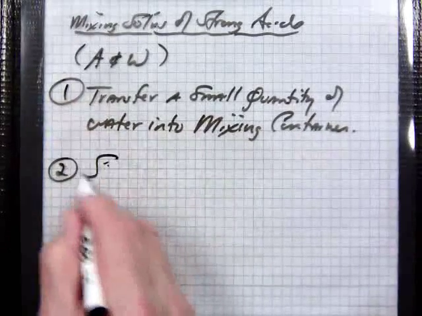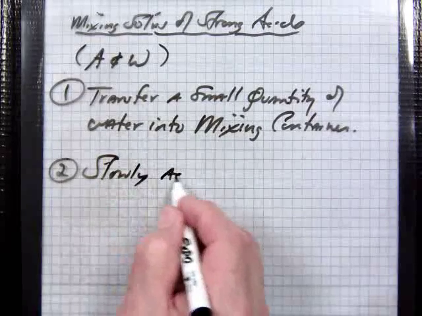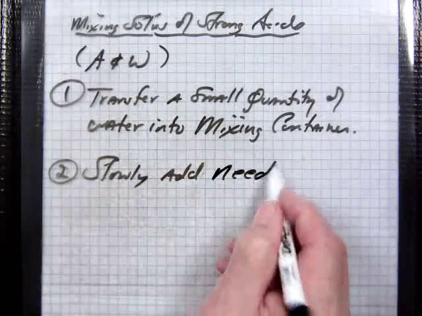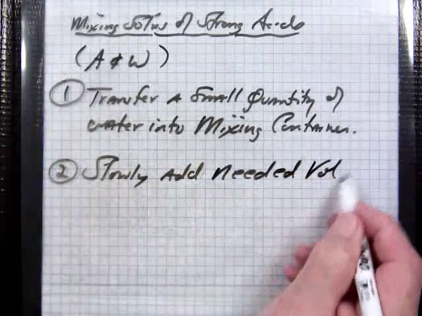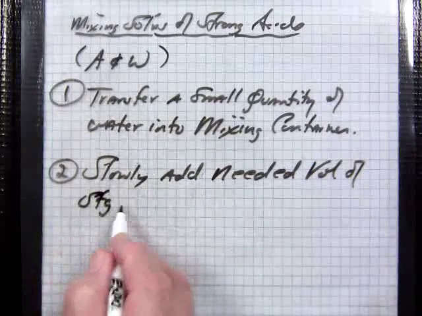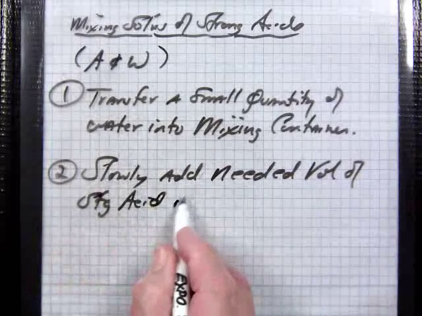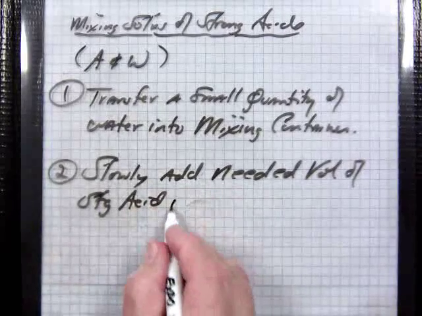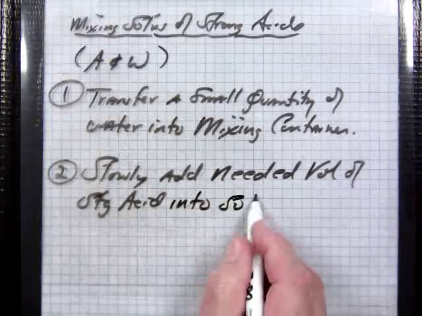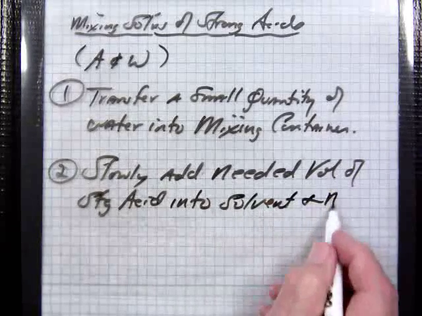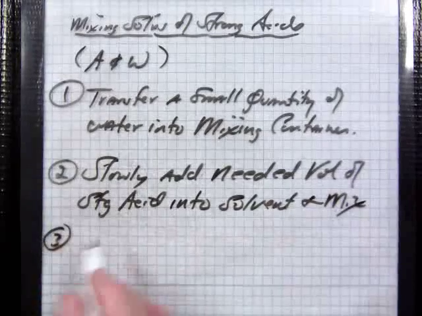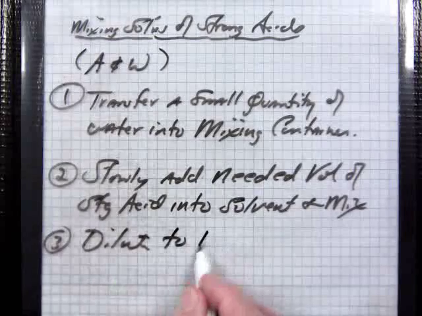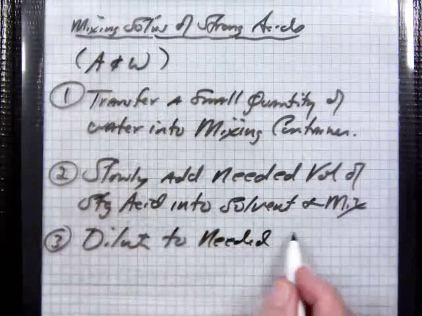Number two, slowly add needed amount, needed volume of strong acid and mix acid into the solvent. And three, then finally dilute to needed volume.